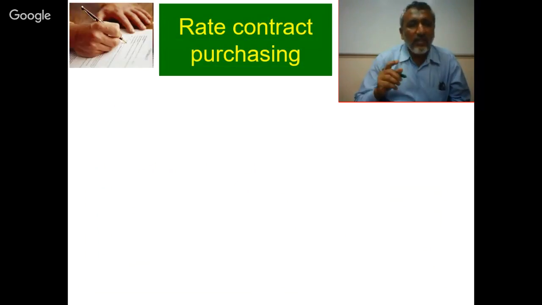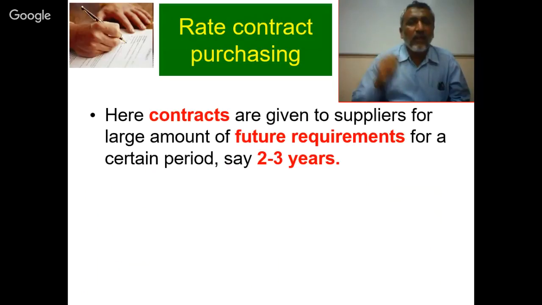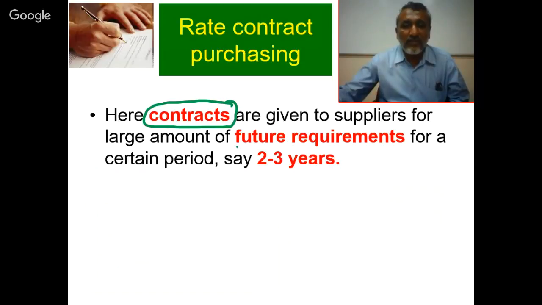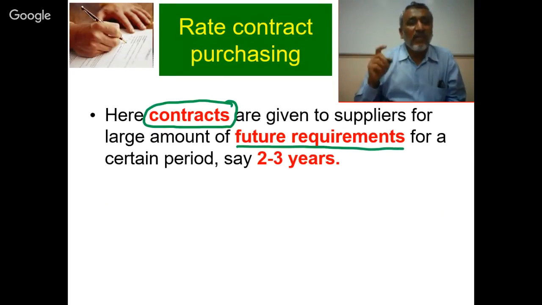Let us come to another method of purchasing, what is known as rate contract purchasing. In rate contract purchasing, the company enters into a contract with some reliable suppliers for its future requirements. That means the company will sign a contract for supplying materials for some future period at an agreed price.